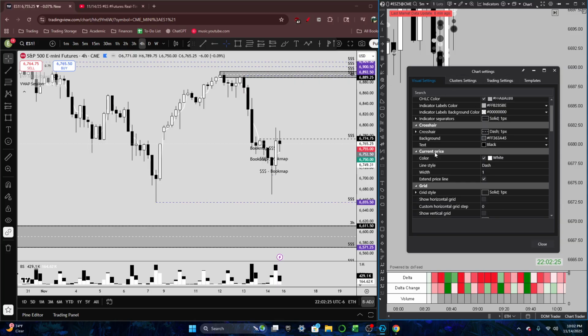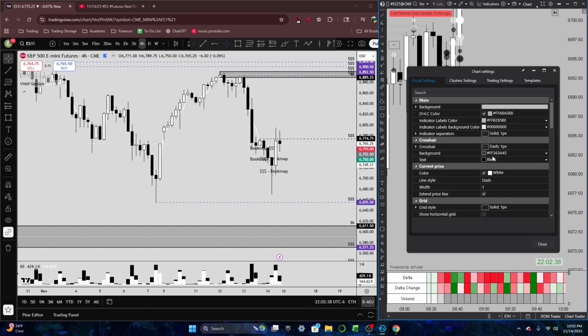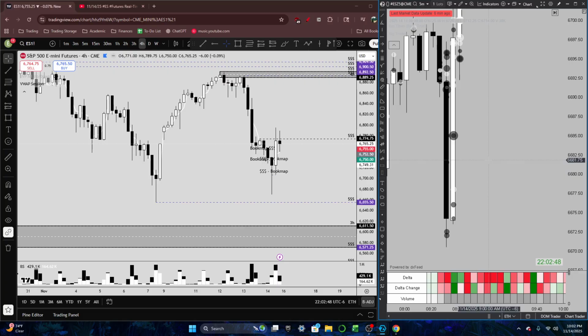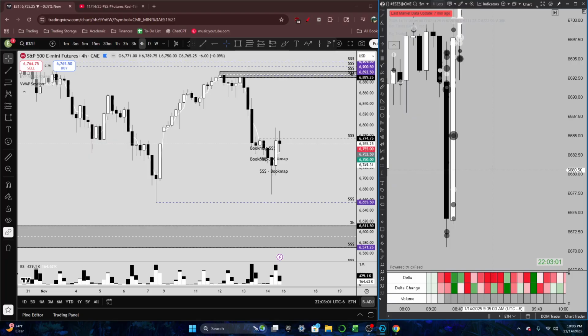You guys can get a setting leak right here. Okay, price. There we go. Should be fixed now, I believe. Aha, it's the crosshair. Text is white. Keep the background. All right, there we go. Let me fix this real quick. Make this black, make the background white. There we go. That's much better.